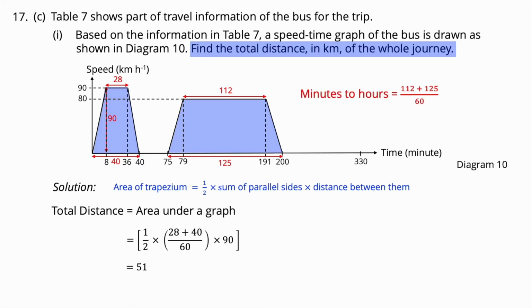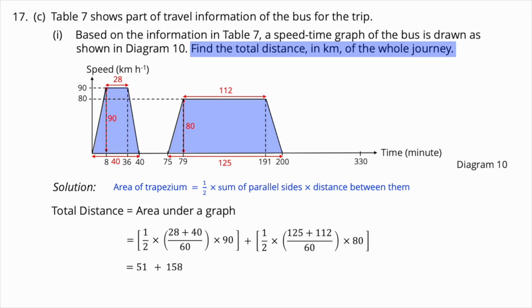Convert minutes to hours: 112 plus 125 divided by 60, with a distance between the parallel lines of xt. That is 1/2 times (125 plus 112) divided by 60 times xt equals 158. 51 plus 158, the total distance of the whole journey is 209 km.